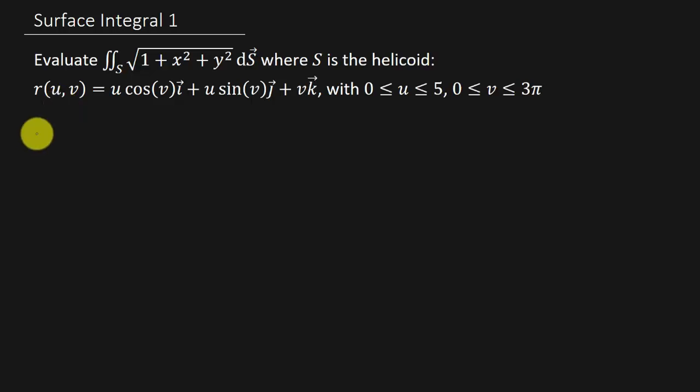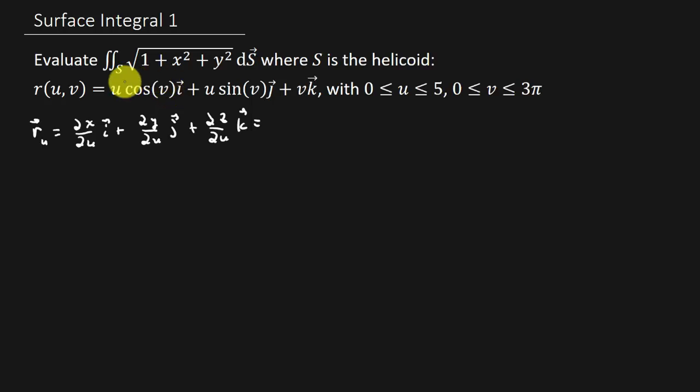So remember, RU, that's the partial of x with respect to u i plus the partial of y with respect to u j plus the partial of z with respect to u k. Remember, u cosine v is x, u sine v is y, and v is z.